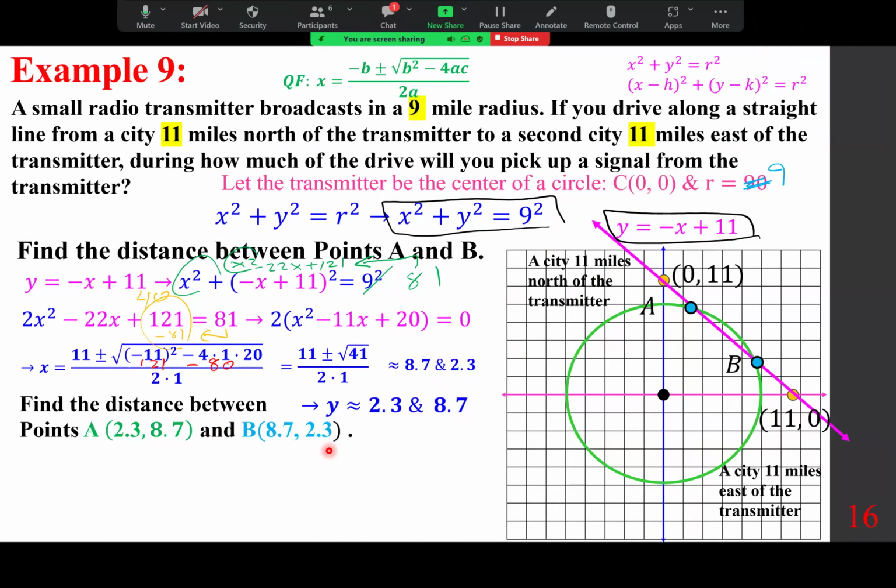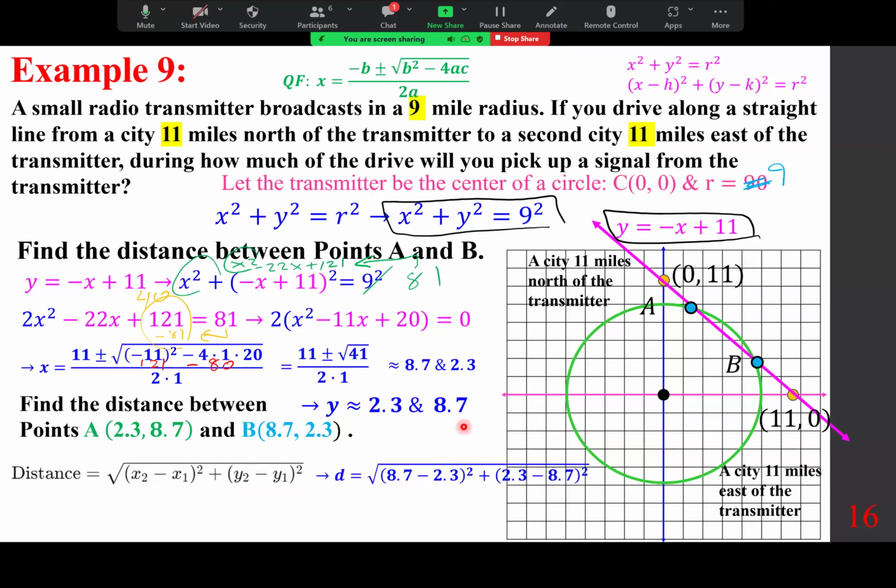And so we want to find the distance between these two points. Here's the distance formula: the square root of x sub 2 minus x sub 1 quantity squared plus y sub 2 minus y sub 1 quantity squared. So 8.7 minus 2.3 quantity squared plus 2.3 minus 8.7 quantity squared.